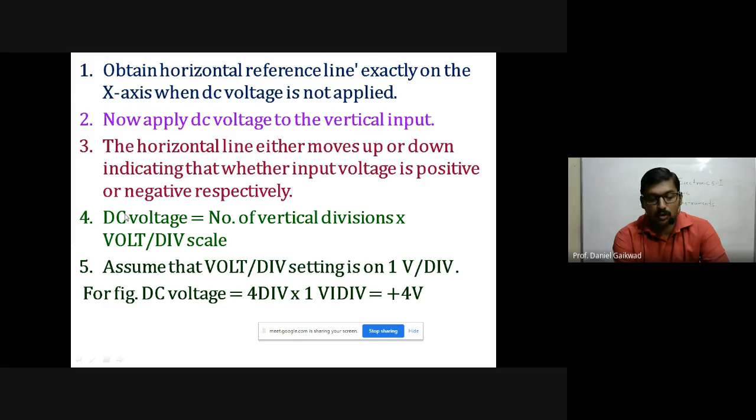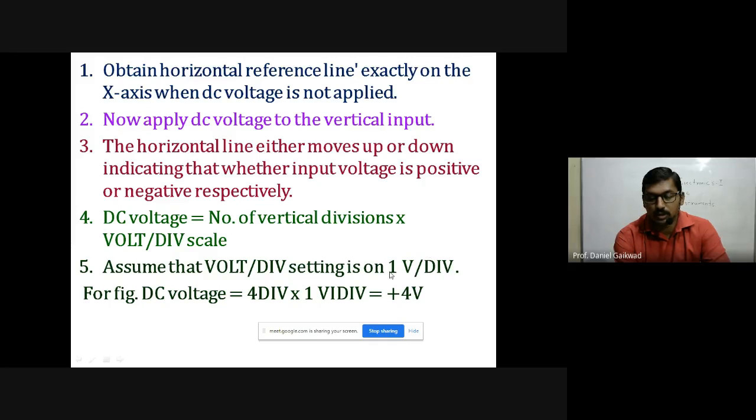Suppose you have the calculation: DC voltage is equal to the number of vertical divisions, how many divisions that line has moved, into the volt per division scale, on which the volt per division is set. Similar to AC, here also. So assume the volt per division is 1 volt per division. We set volt per division on the knob.